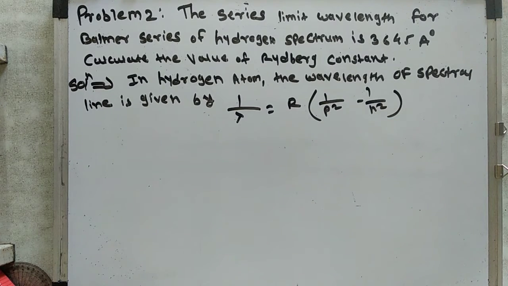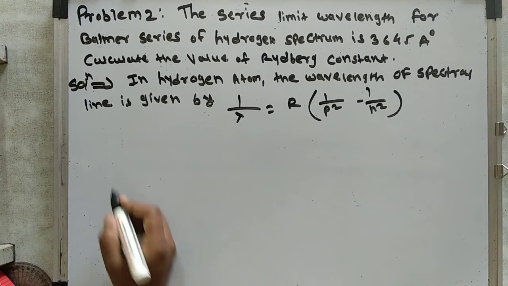For Balmer series limit, the transition is from n is equals to infinity to p is equals to 2.